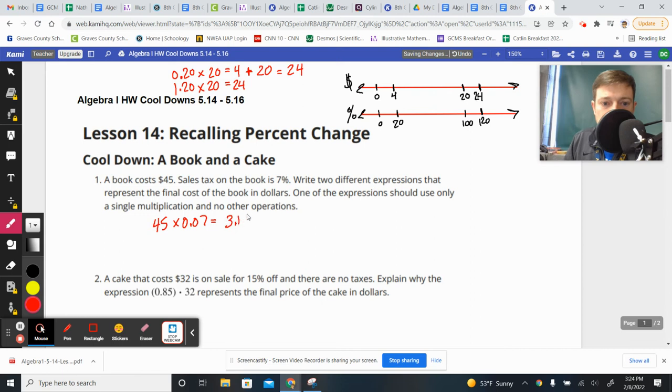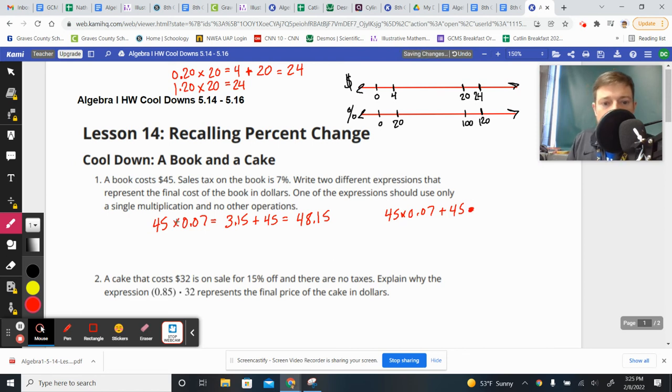Now we could add that amount to the $45 we started with, and that would give us $48.15. One step to multiply and then add. I think they wanted you to do it as an expression, so that expression would look like 45 times 0.07 plus 45.